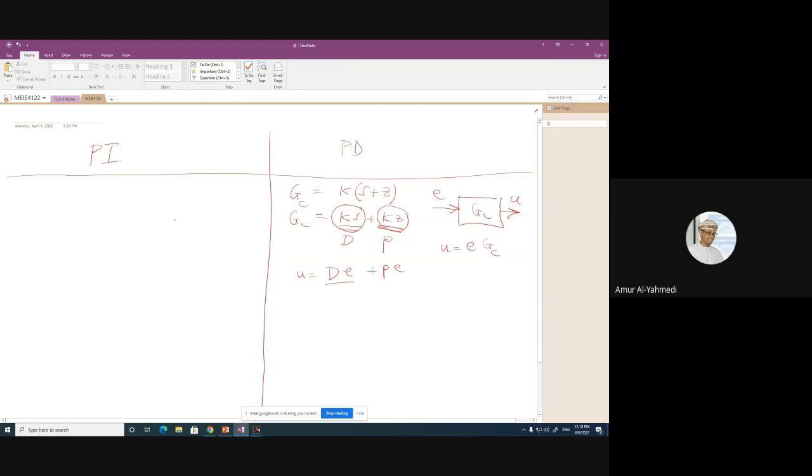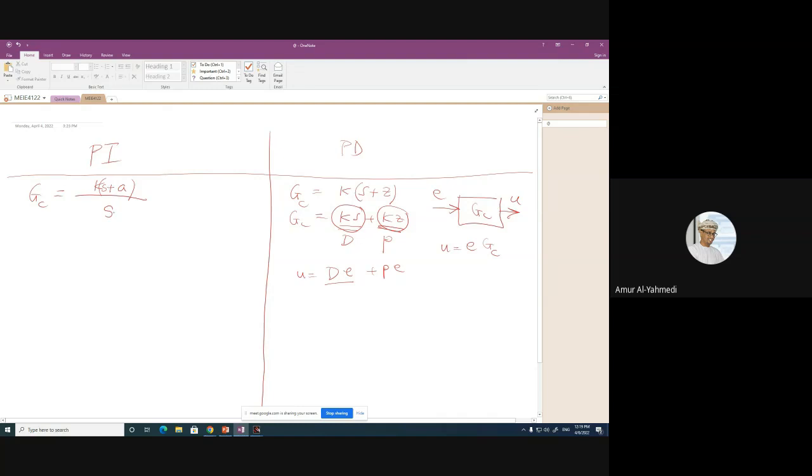Okay. Now what about the PI? What will be my GC? What do you have to improve the steady state error? K(S plus Z) over S. So you'll have S, a pole at the origin, and you'll have another number here, a zero. You can have it as K(S plus A), let's say.